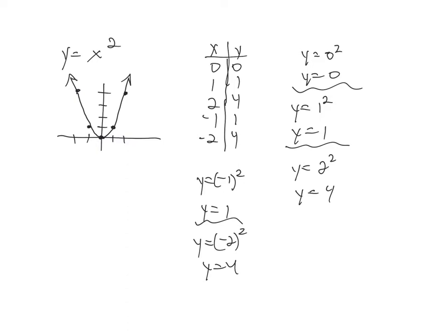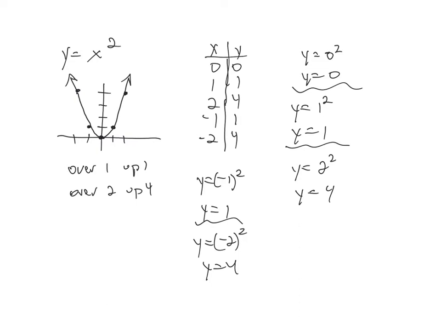But the pattern is over 1, up 1, over 2, up 4. 1 squared is 1, 2 squared is 4. That's a baseline pattern that's going to come up, and I'll show you how we can use that sometimes.